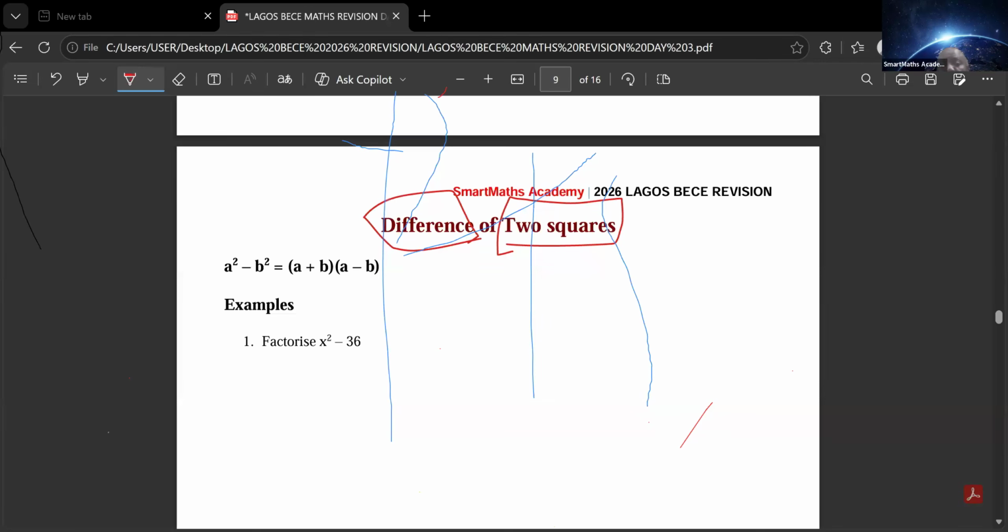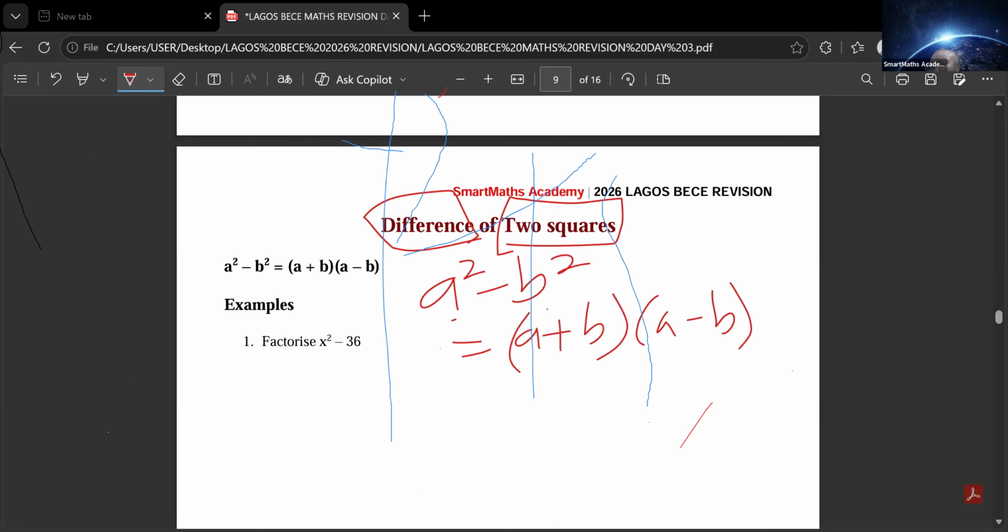We are subtracting two squares, just like a squared minus b squared. So the rule is that you add the two numbers and you subtract them: a plus b multiplied by a minus b. That is it. It's not more than that.